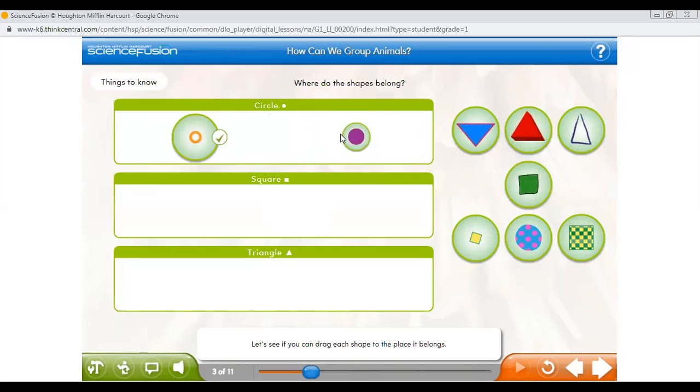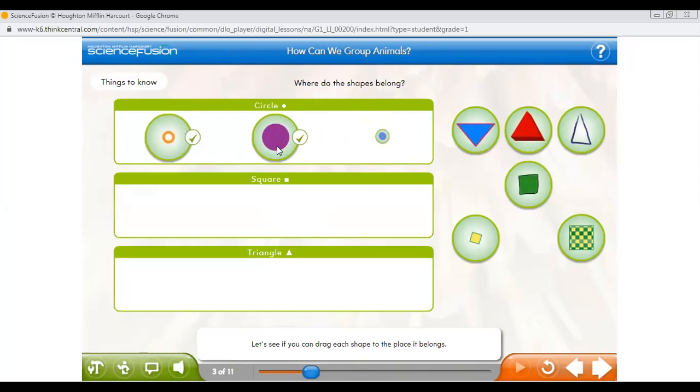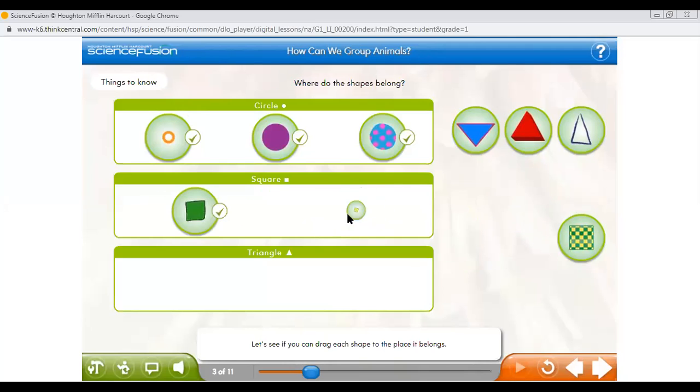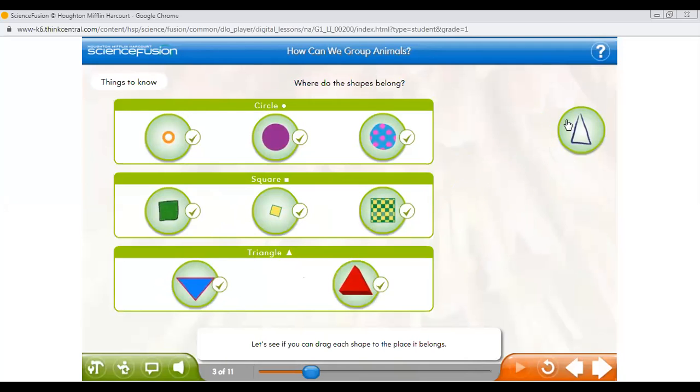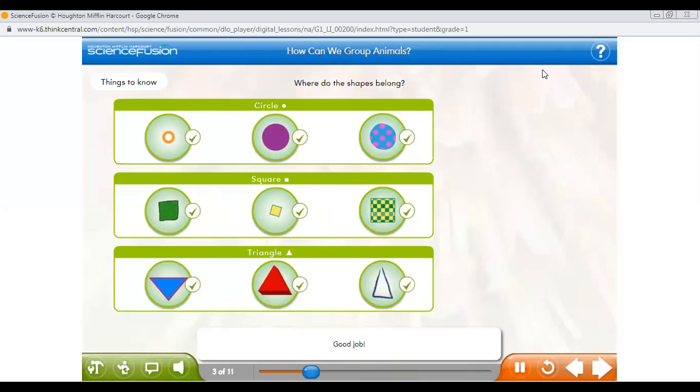Circle, circle, and circle. Now let's see square. So 1, 2, and 3. Now let's put together the triangles 1, 2, and 3. Good job!